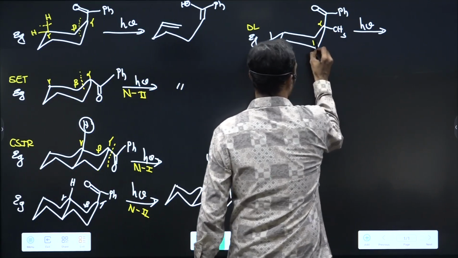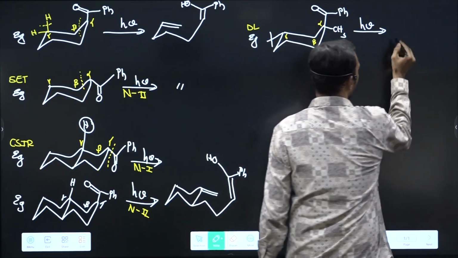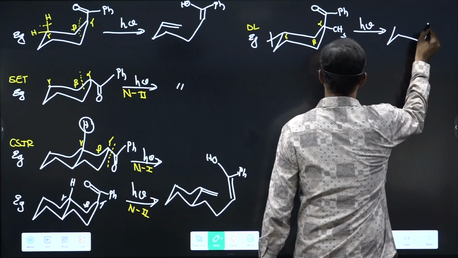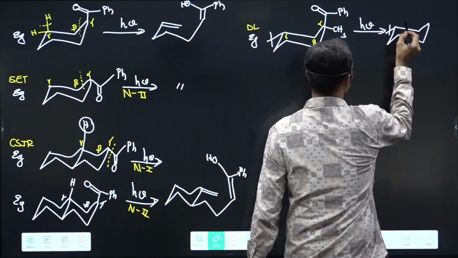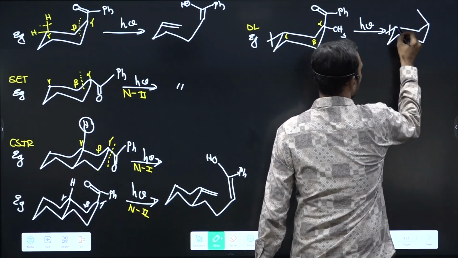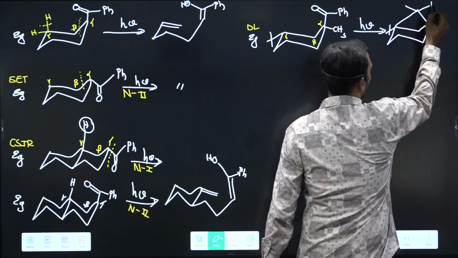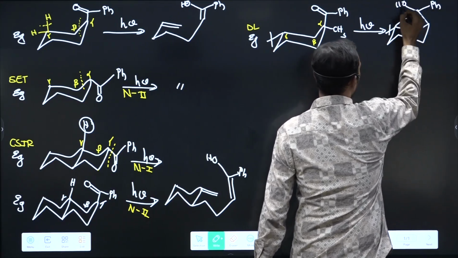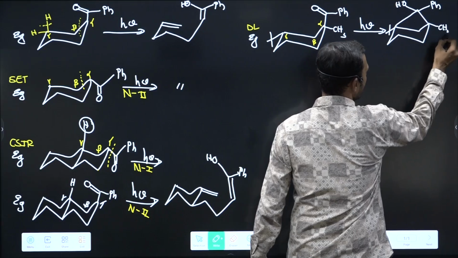So beta and this is gamma. Here tertiary butyl. This is pH, OH and this is CH3. This is the answer.